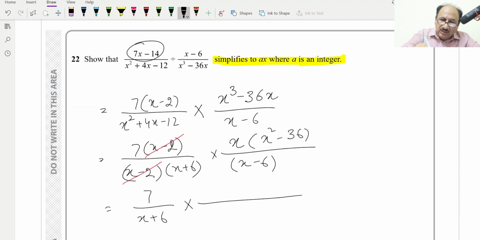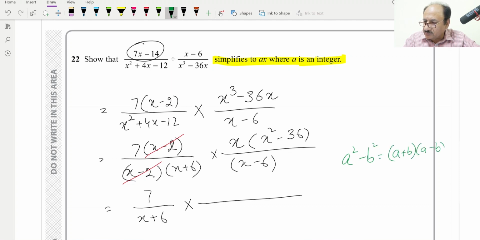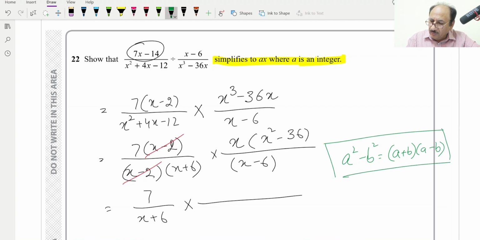This side we can apply a formula, and the formula I will write over here. a square minus b square is equal to a plus b into a minus b. This formula we will be applying on this portion, and we will get what? We will get x into x plus 6 and x minus 6 divided by x minus 6.